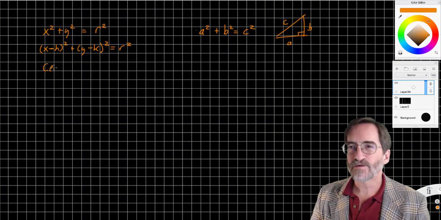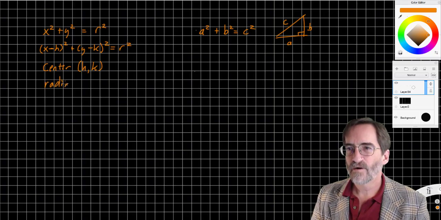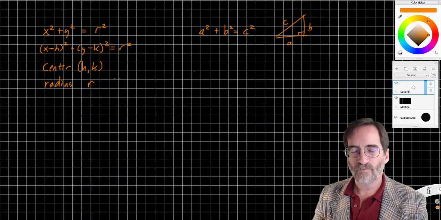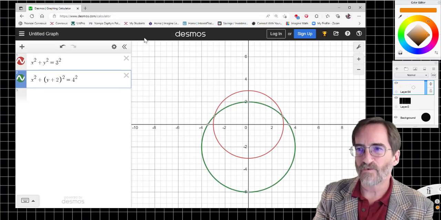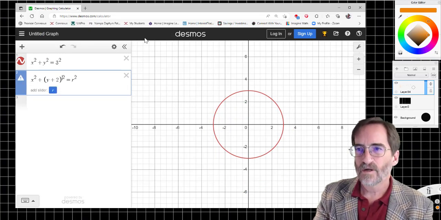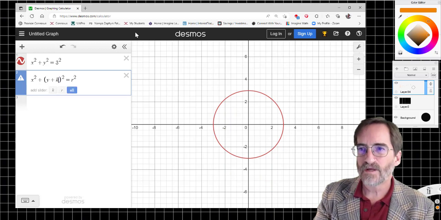That makes a circle of center (h, k) and radius r. Let me demonstrate again here. I replace this with r. I replace this with k.